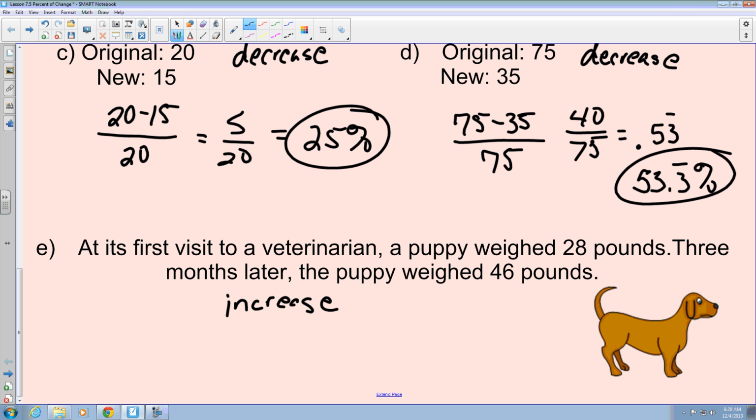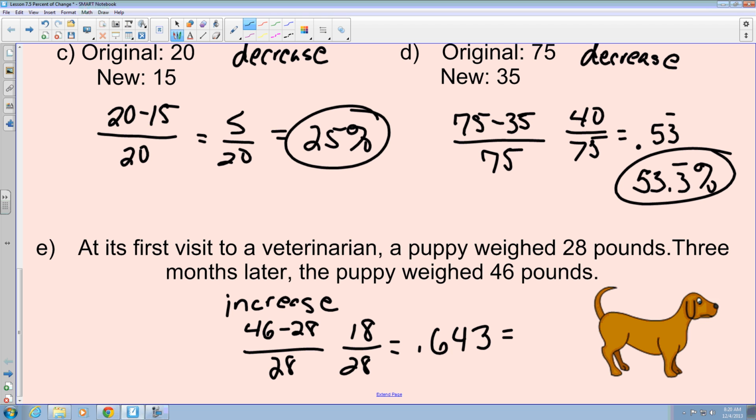So it's going to be 46 minus 28 divided by the original weight, which is 28. 46 minus 28 gives me 18 on the top, divided by 28. Divide that by 28, I get 0.643, so I just rounded it, so it's going to be 64.3% roughly.